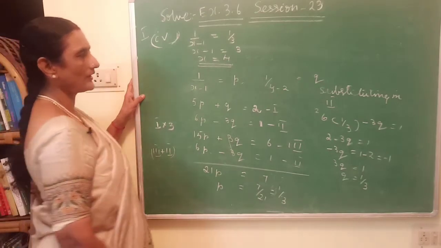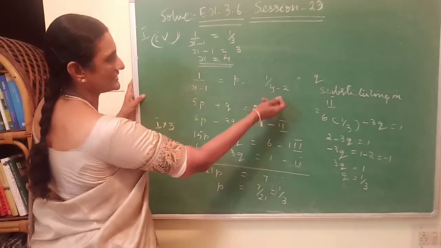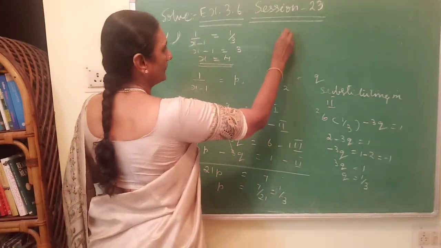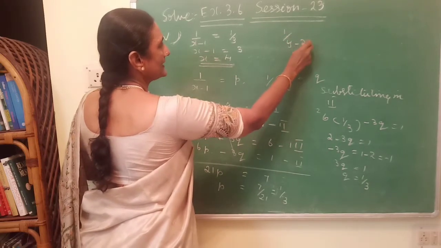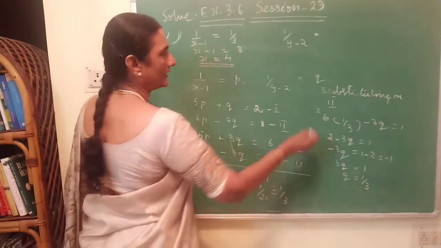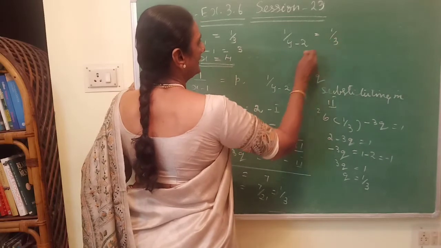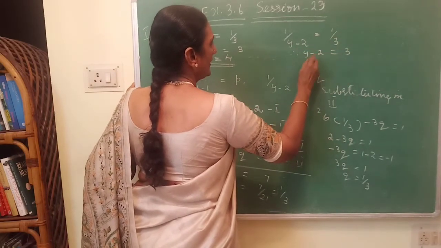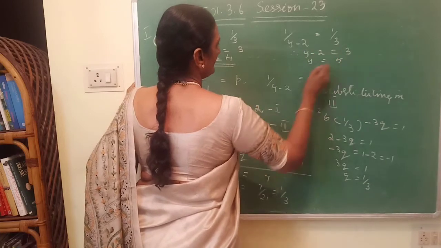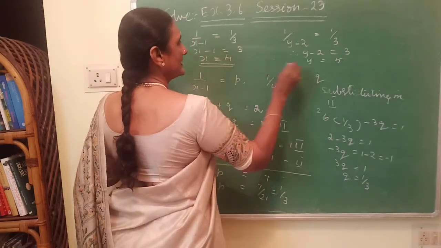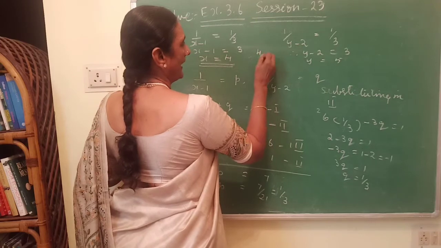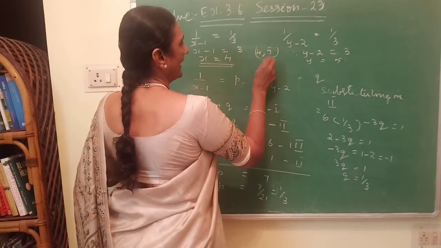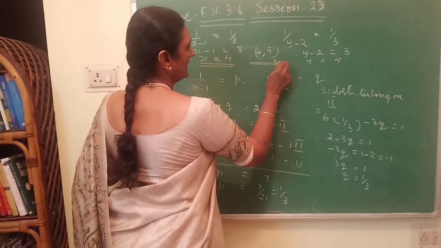And for y, what is it? We have kept 1 by y minus 2 is equal to q. Therefore, 1 by y minus 2 is equal to 1 by 3. Therefore, I get y minus 2 is equal to 3, y is equal to 5. Therefore, we get x is equal to 4 and y is equal to 5 as the solution for this equation.